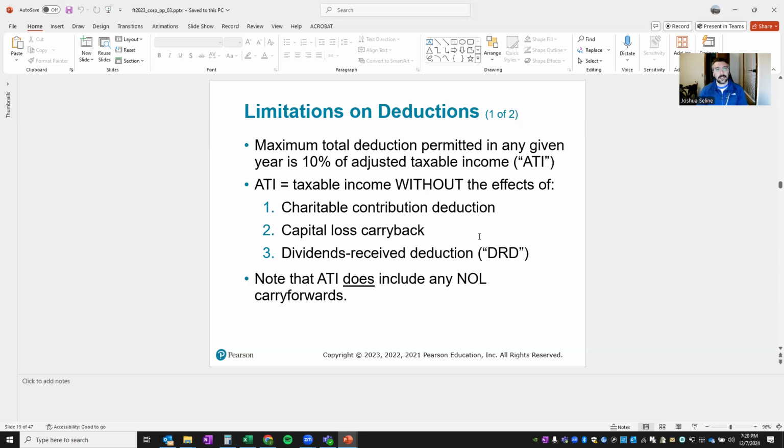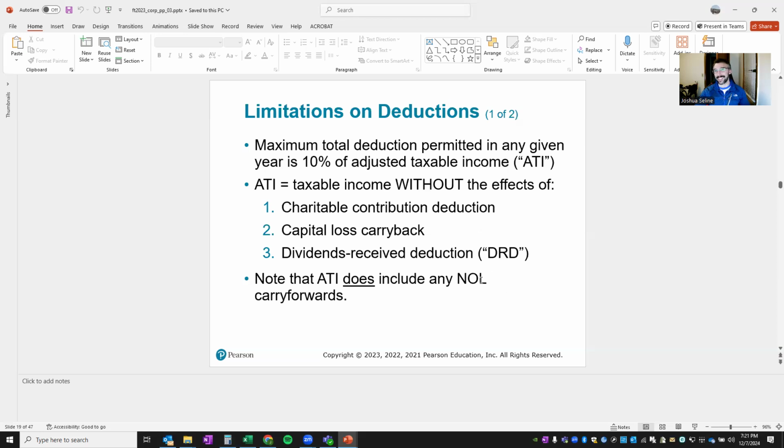So, limitations on deductions. The maximum total deduction permitted in any given year is 10% of adjusted taxable income. Your ATI is taxable income without the effects of the charitable contribution deduction, capital loss carryback, or your dividends received deduction. We will get into the DRD later, but note that your adjusted taxable income does not include any NOL carryforwards.